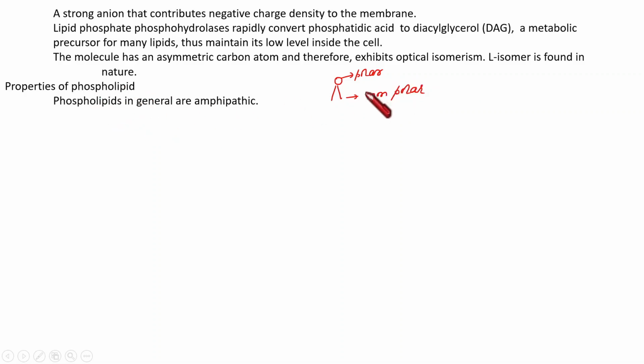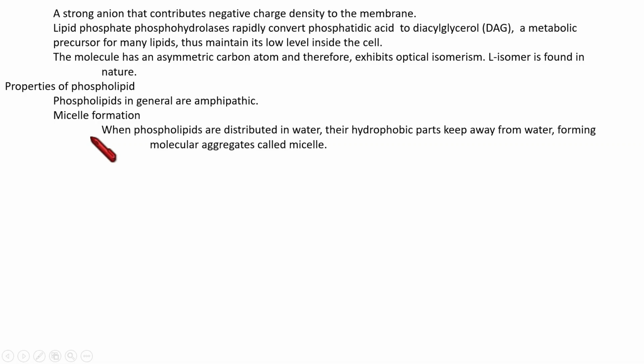In the phospholipid, the fatty acid chains are the non-polar part. Glycerol and phosphoric acid form the polar part. And they can also form micelles. You might have learned this term in some other topics before. They are certain molecular aggregates. How are they formed?